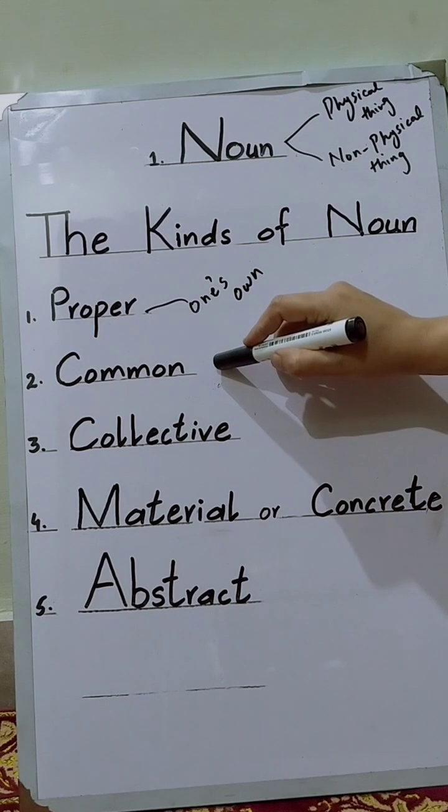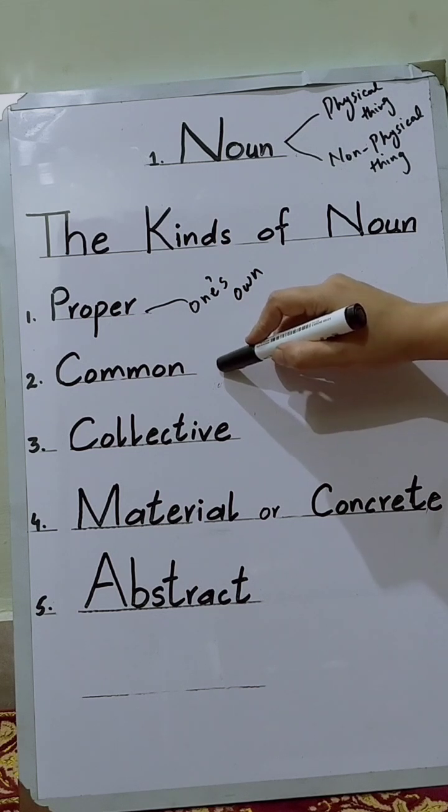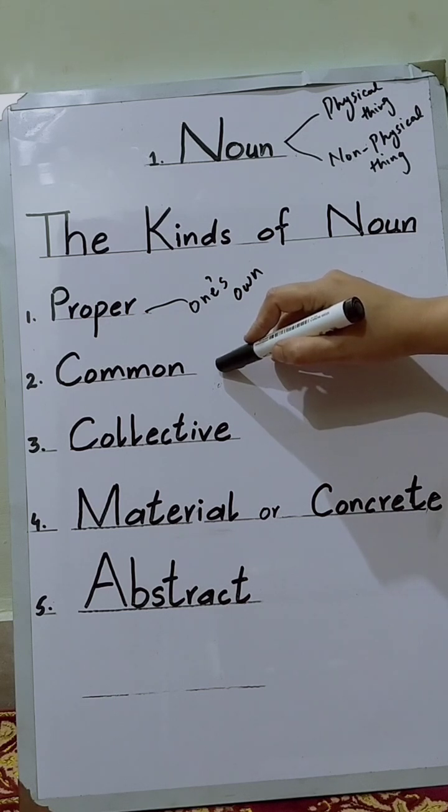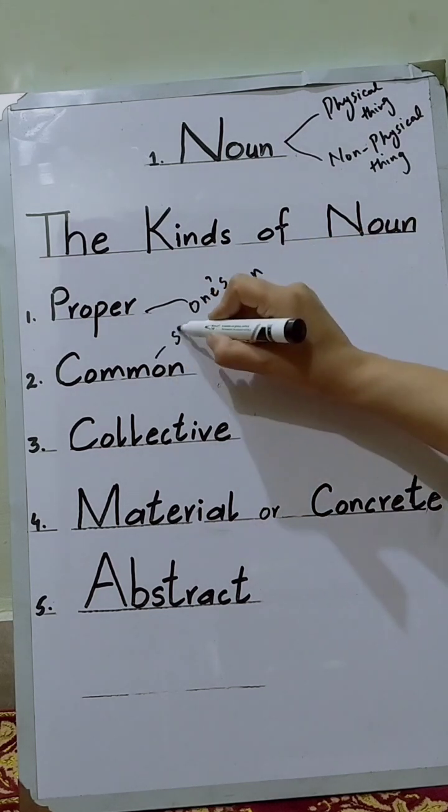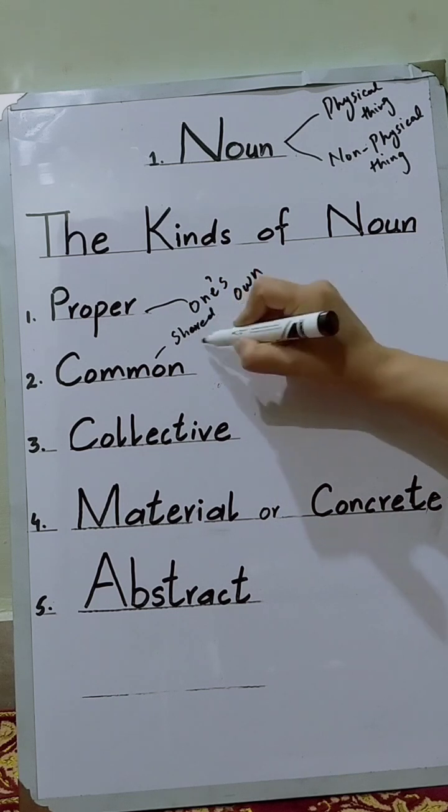A common noun names any one of a class of persons, places, or things. For example, man, city, truth, cup, boy, girl, country, language, day, river, religion. The word common means shared by all.